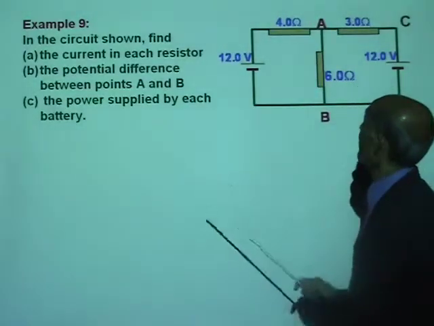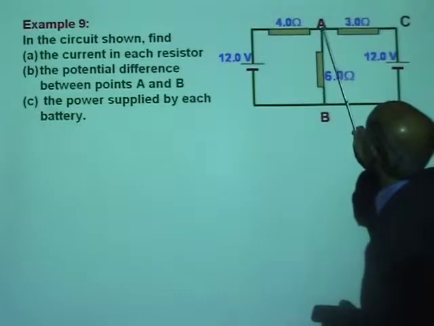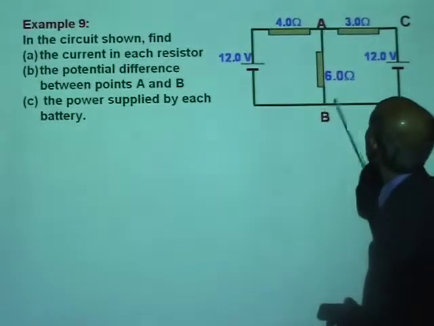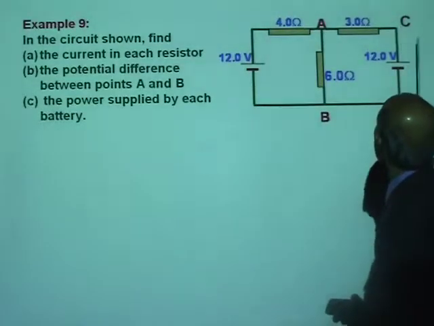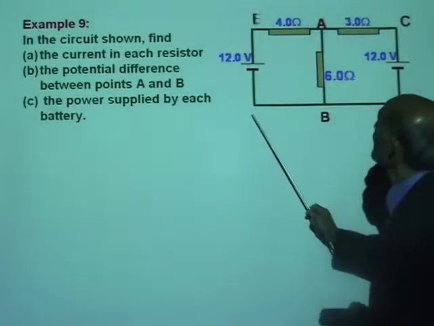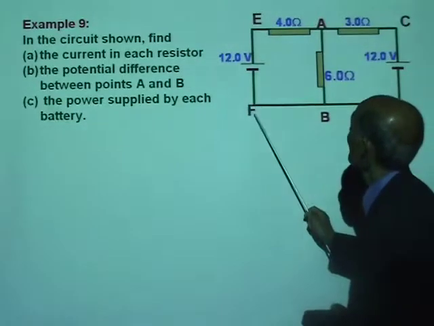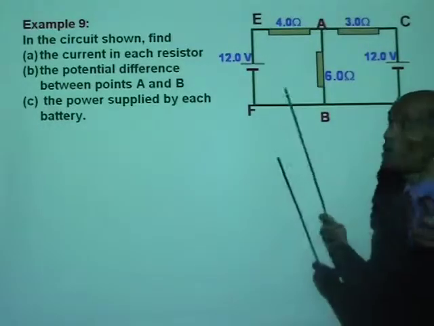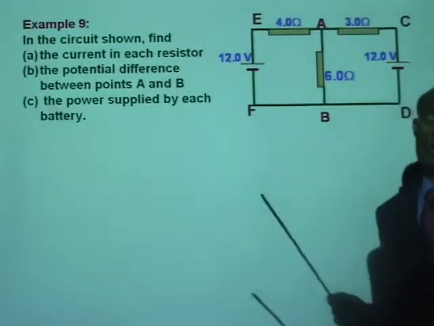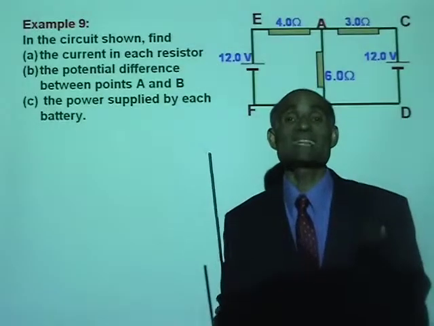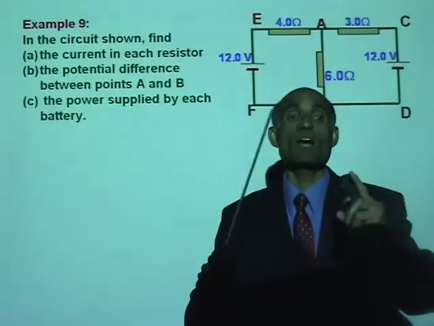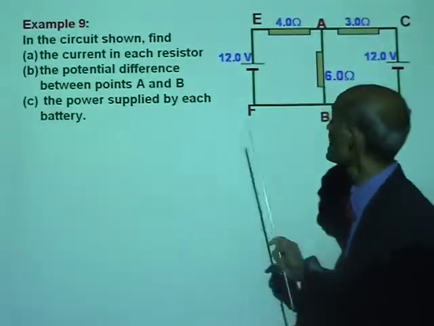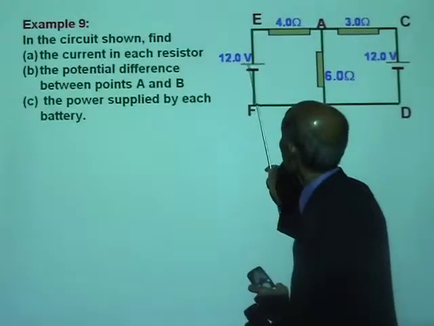Okay. First of all, we start giving the name. That is A, that is B. So let's say that is C, that is D, that is E, and that's F. Once you have those, we can now take closed loops and so on. But before that, we must assign the directions of current. Alright? So, this is the positive part of the cell.